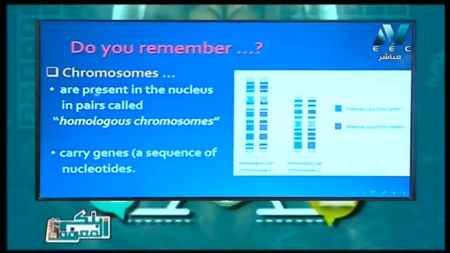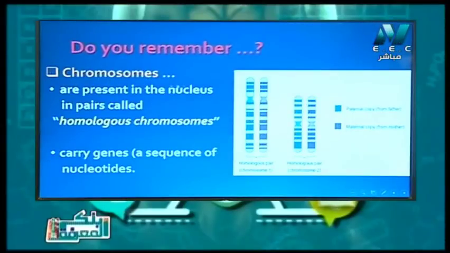What are the chromosomes? These bodies are located inside the nucleus, and the chromosomes are present in the nucleus in pairs, and these pairs are called homologous chromosomes. Homologous chromosomes means that two chromosomes have the same size, containing the same type of genes, the same number, arranged in the same way on these chromosomes.